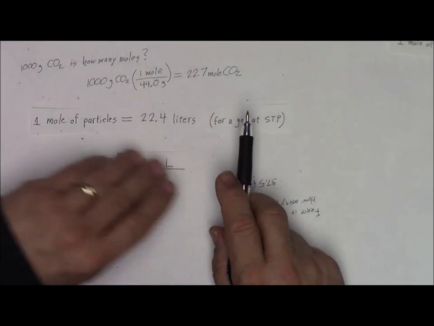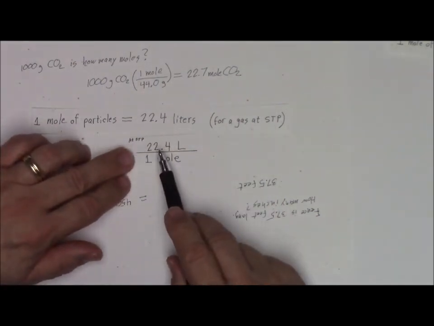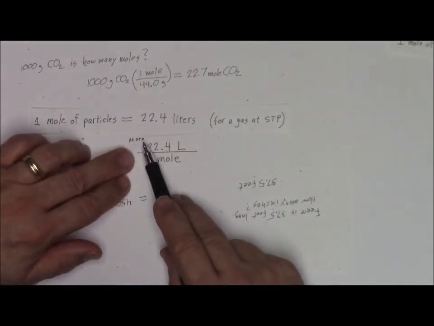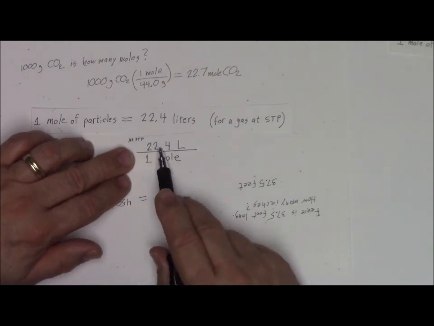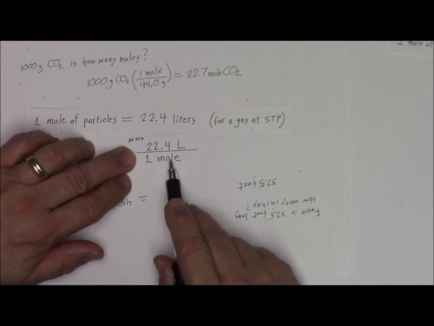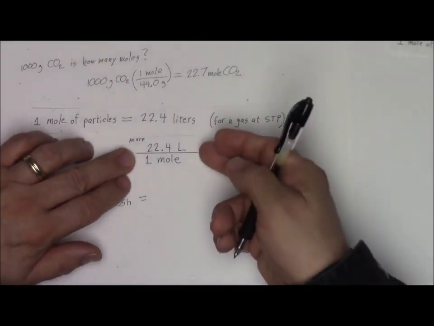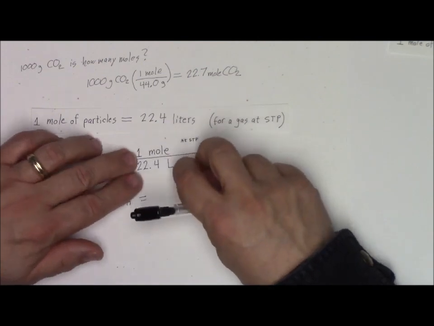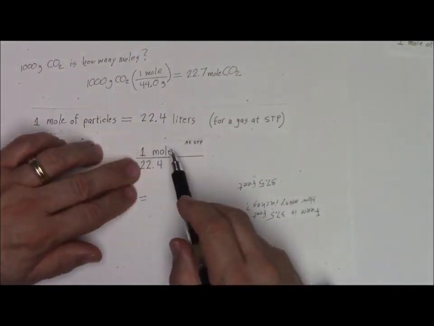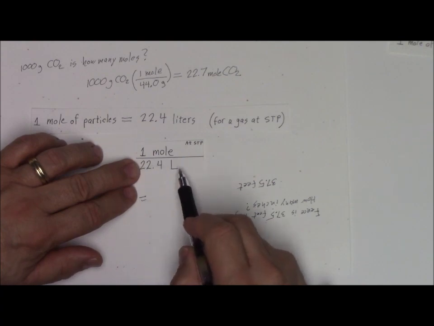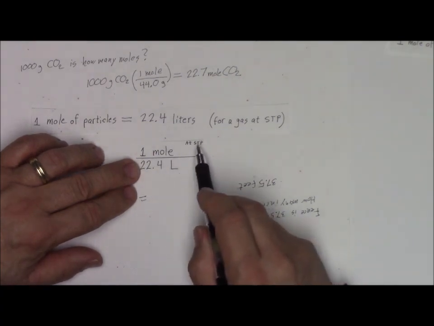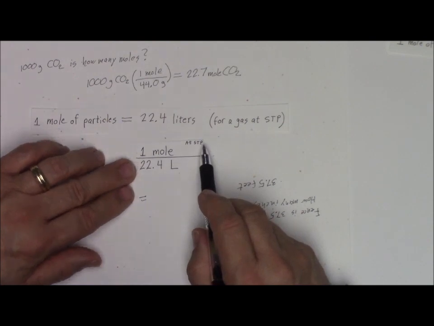At STP, a gas would occupy 22.4 liters for every mole of gas particles. Or the other side is valid too: 1 mole of gas particles per 22.4 liters of that gas, as long as it's at standard temperature and pressure.